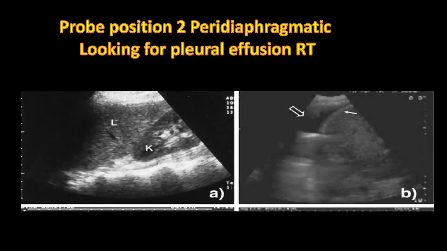Normal is when we see the diaphragm and the apical part of the liver. That's when there's no effusion, and we should see a curtain-like movement up and down with the respiratory cycle. Pathologically, we see fluid in the costophrenic angle.